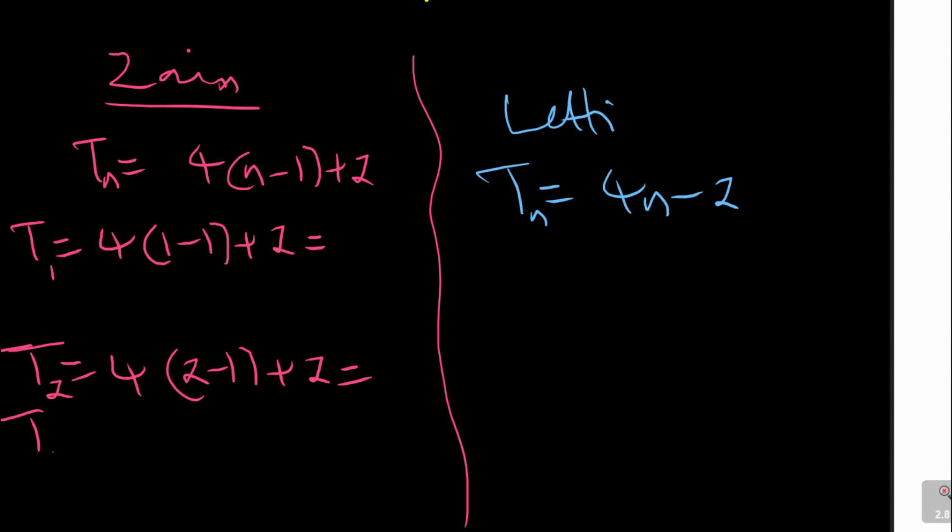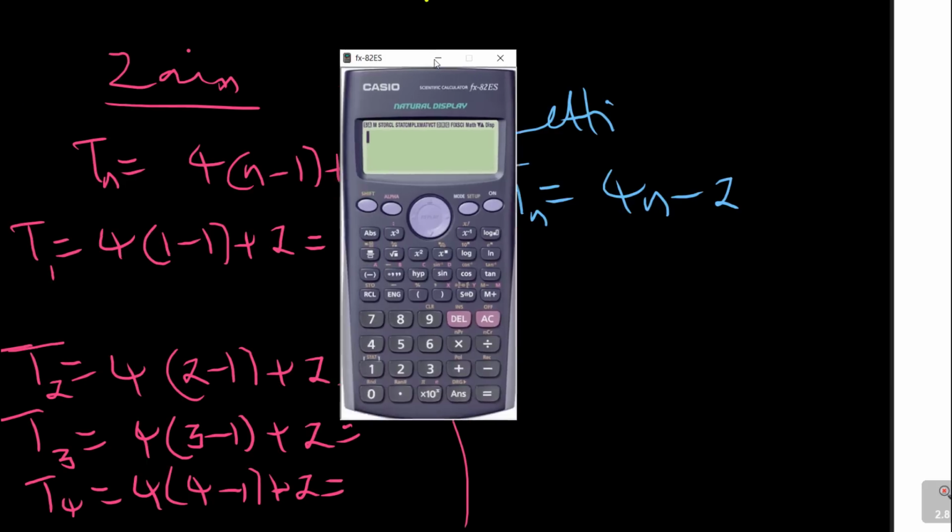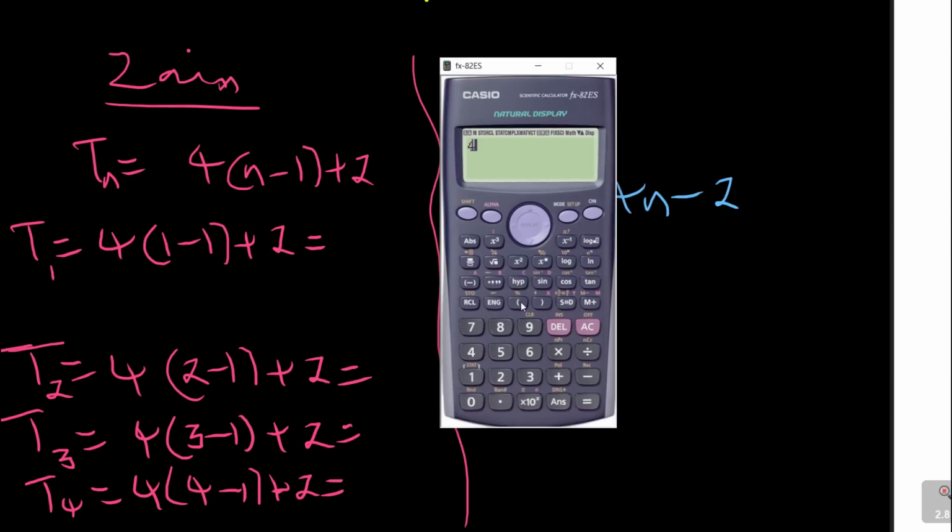Then T3 is equal to 4 into 3 minus 1, plus 2. And then T4 is equal to 4 into 4 minus 1, plus 2. Now let's use a calculator to do this.